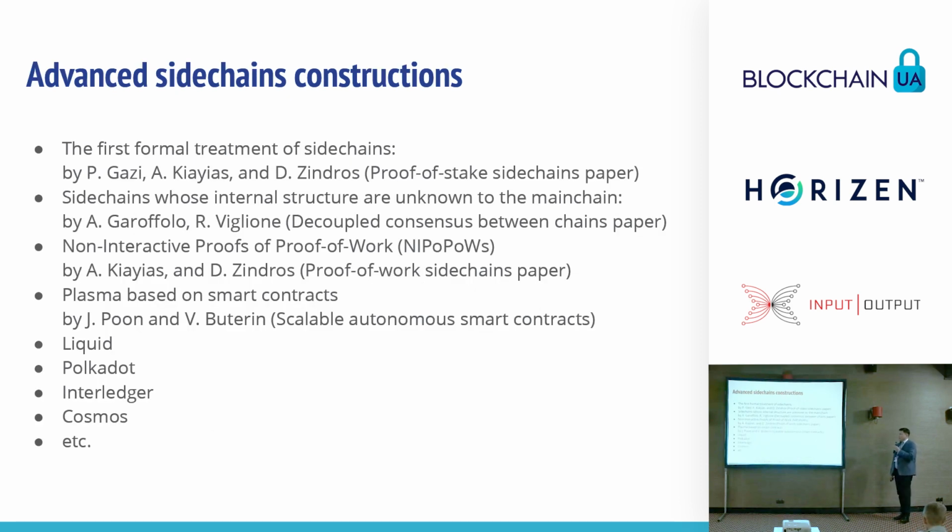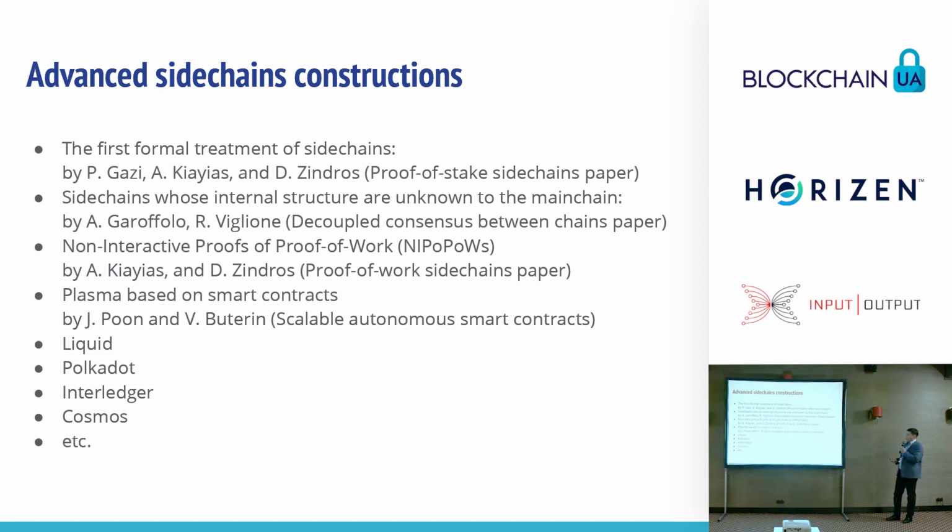What do we have now as sidechain solutions? Now we have a formal treatment of proof-of-stake sidechains. We have a paper that appeared two years ago. Besides that, we have a paper which proposes sidechain constructions where the main chain doesn't know the structure of the sidechains.